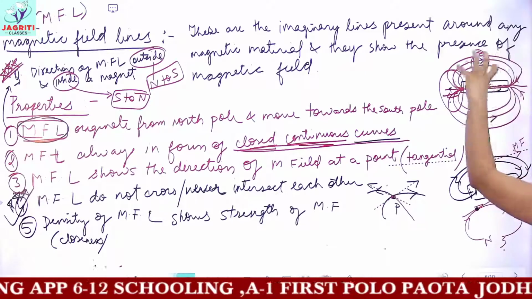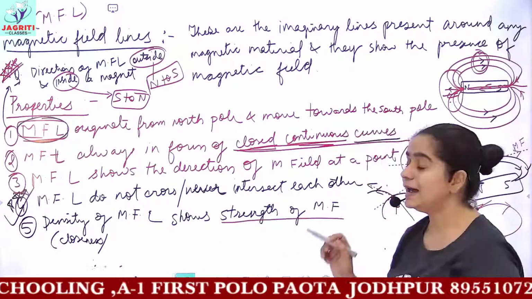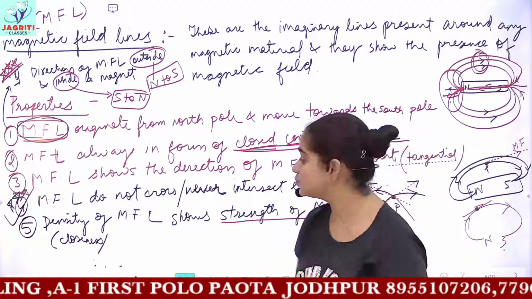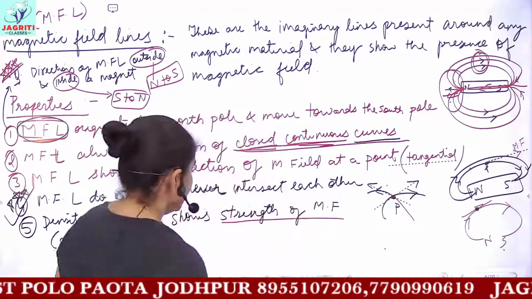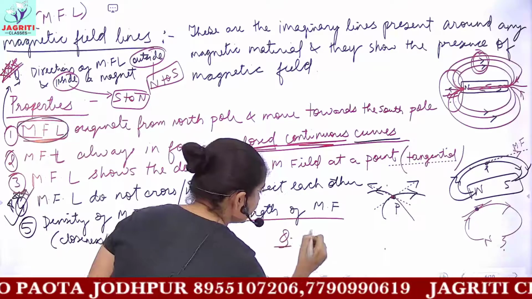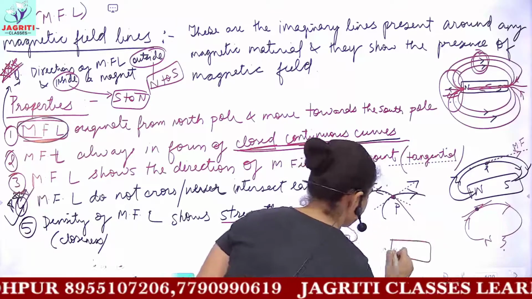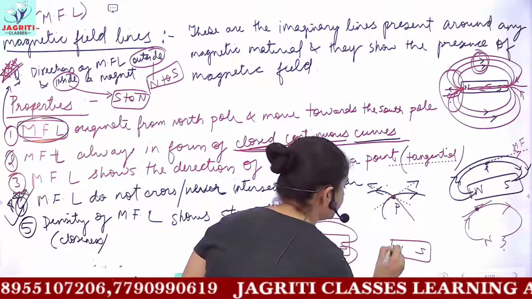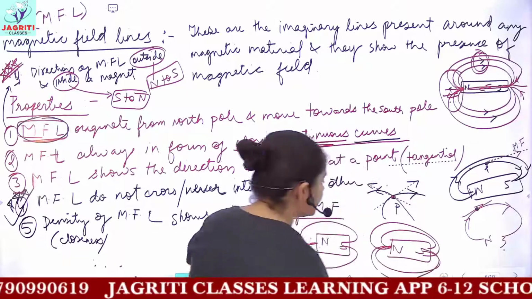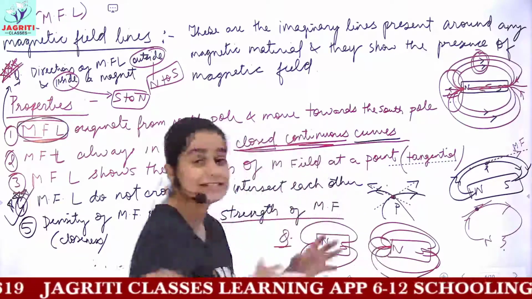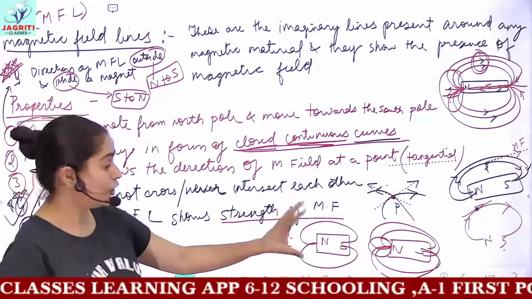It means where more lines are present, it signifies a strong field. And fewer lines, or lines which are present far away from each other, mean the field is weaker there. A question can be asked: if you are given two magnets, here you have magnetic field lines which are very dense, present near each other, and here the magnetic field lines are fewer in number or present far apart.